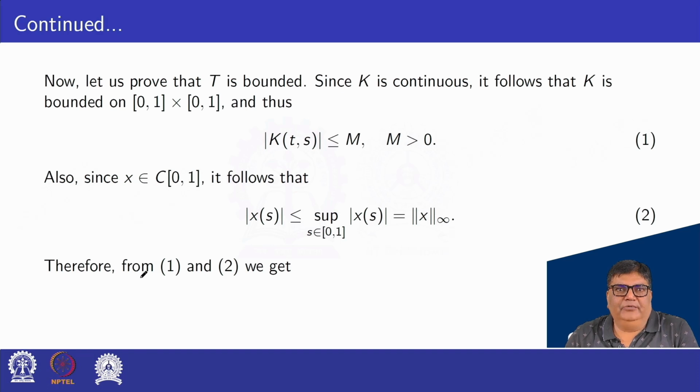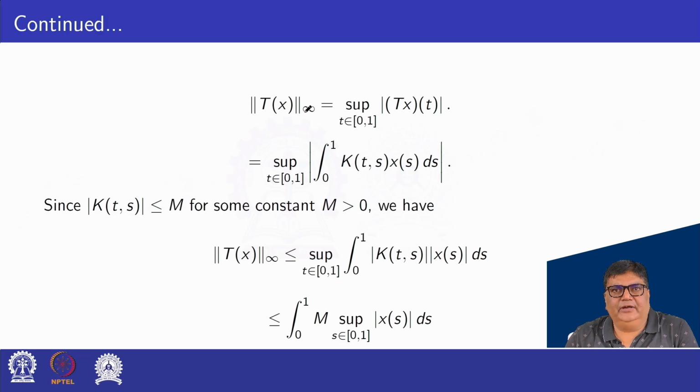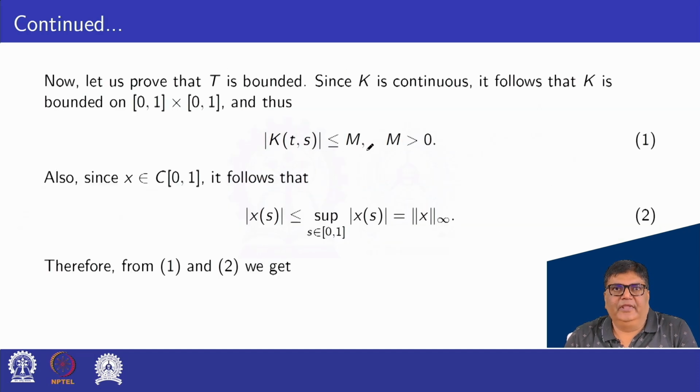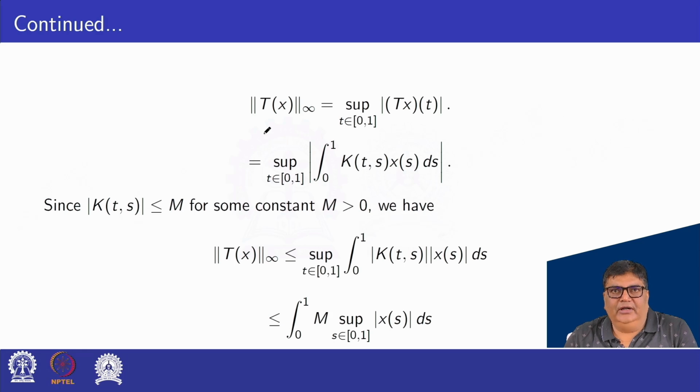So from equations 1 and 2, we get Tx under the infinity norm equal to the supremum of modulus Tx(t). Why? Because here the mapping T is from C[0,1] to C[0,1], so Tx is an element of C[0,1] and here the norm defined is the infinity norm. So under the infinity norm, Tx is equal to the supremum of modulus (Tx)(t).